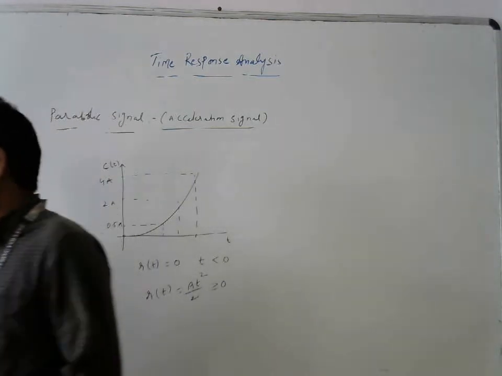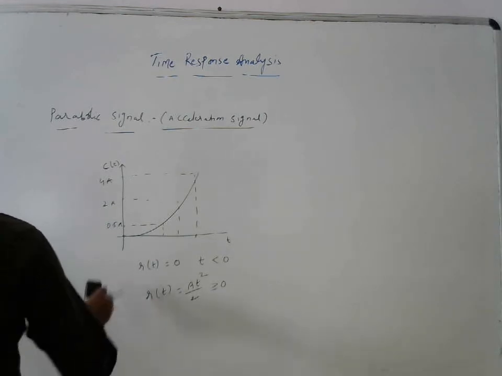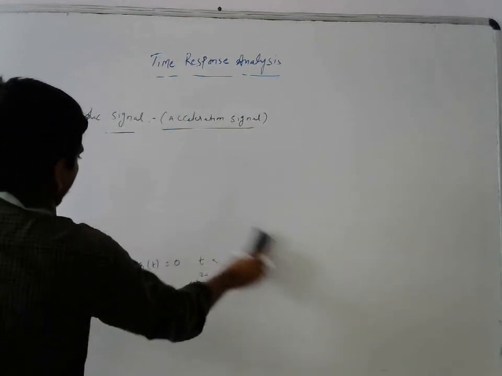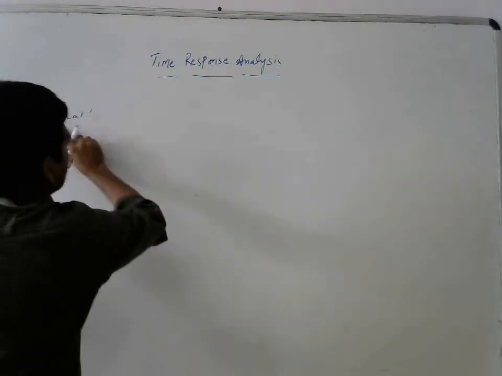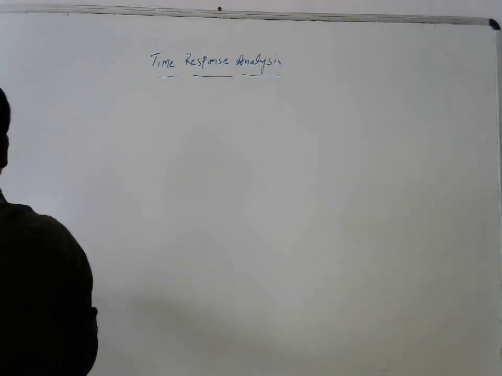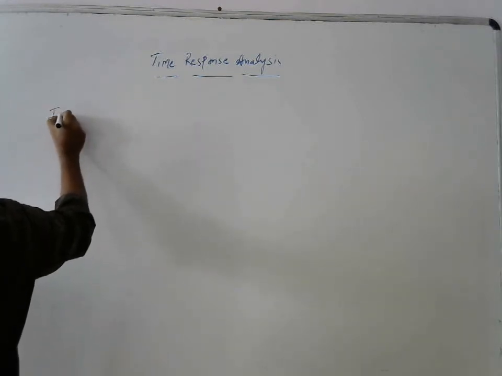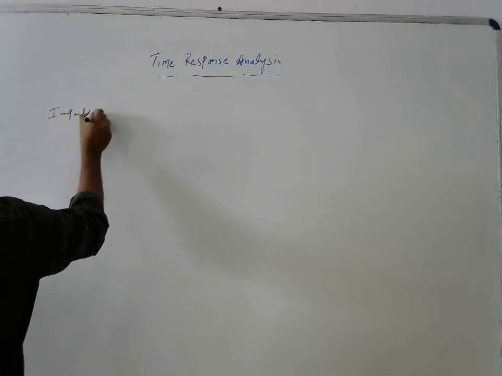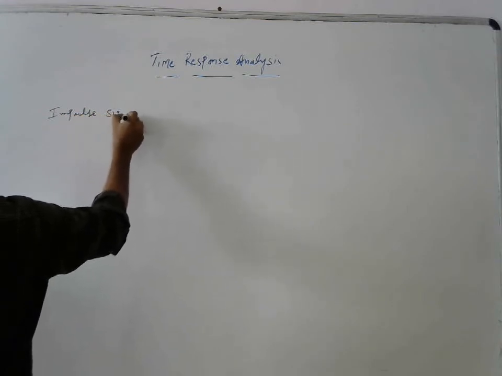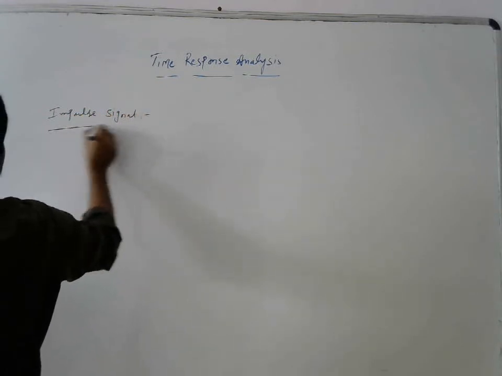The next signal we are having is an impulse signal, which we also call a delta signal.